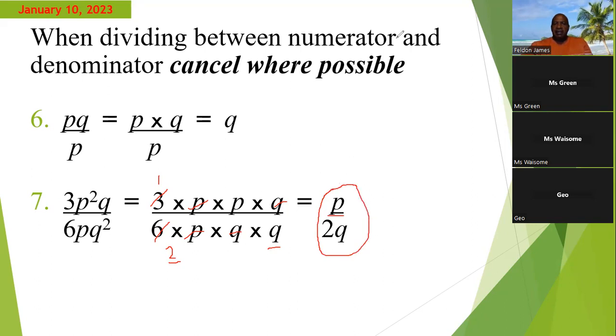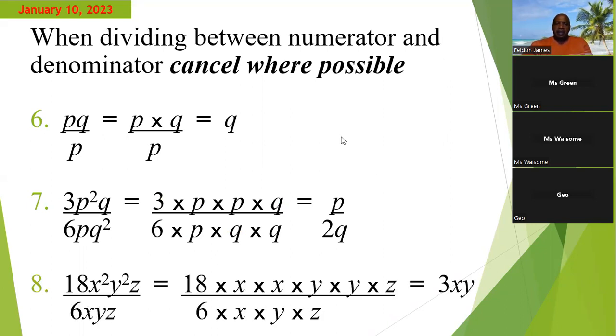All right. Any question, guys? Let me just look at another one. Now, the same principle applies. You multiply out. And then now when you multiply out, you look for what is common in the numerator with what is common in the denominator.